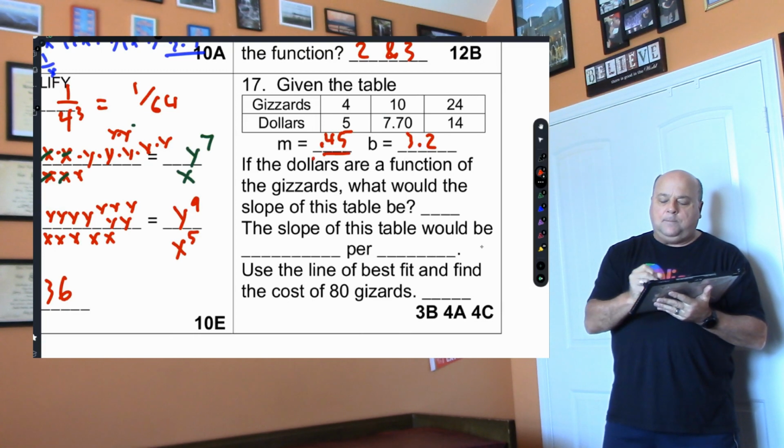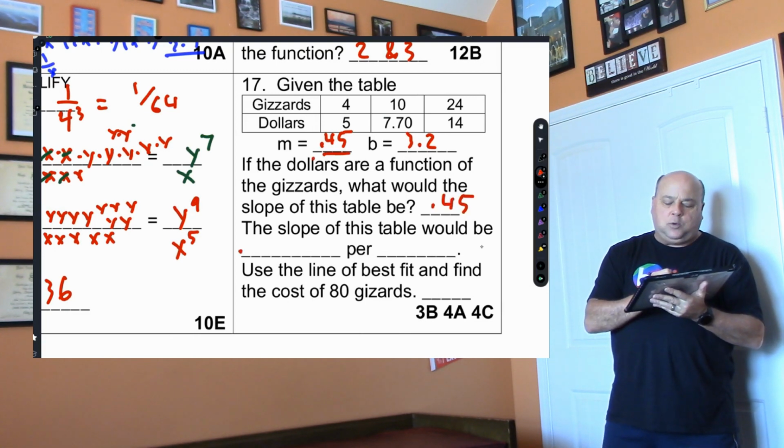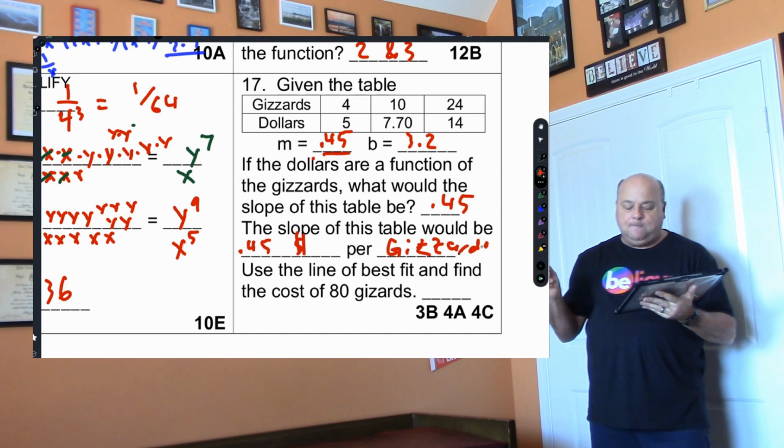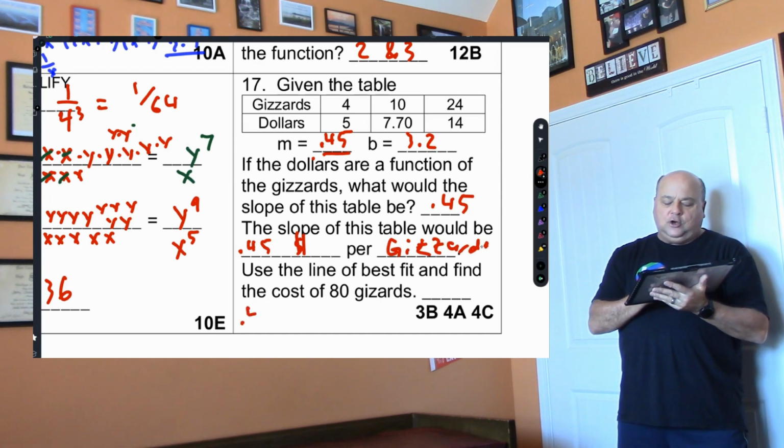The slope would be 0.45, and it's $0.45 per gizzard. So every gizzard you buy costs 45 cents, okay? And for 80 gizzards, you got to do 0.45x plus 3.2 and put in the 80, right?